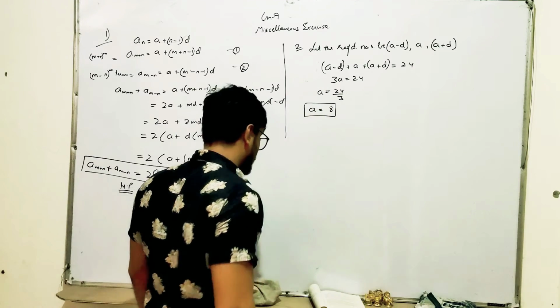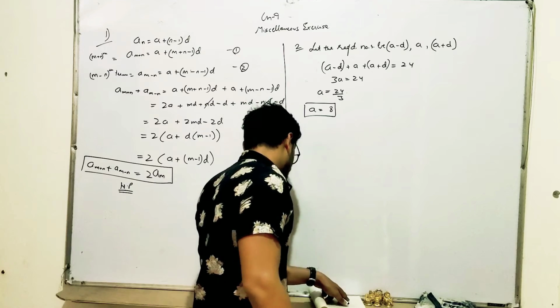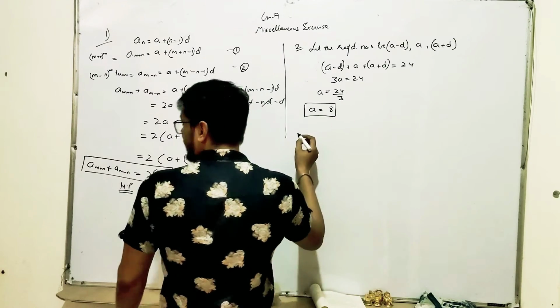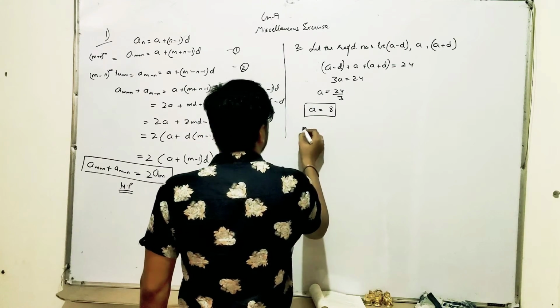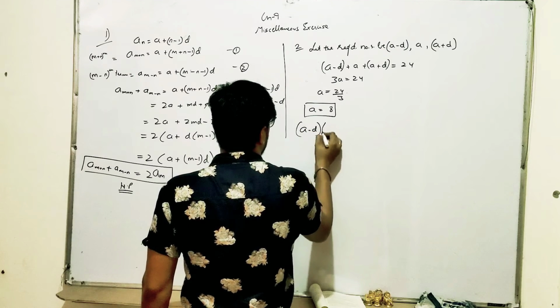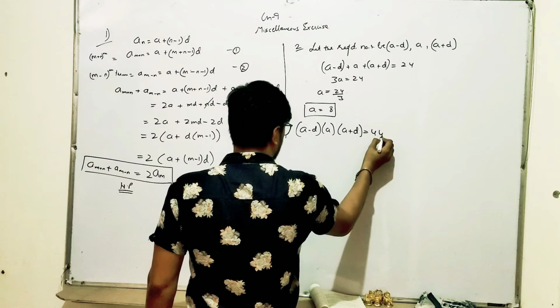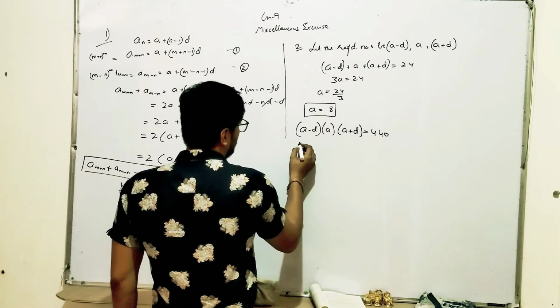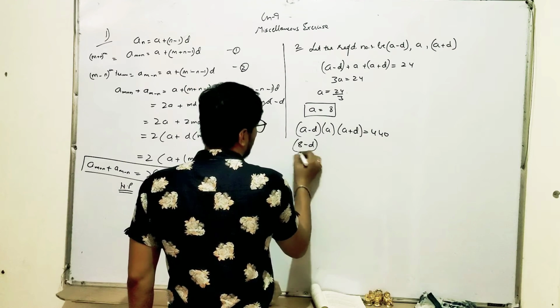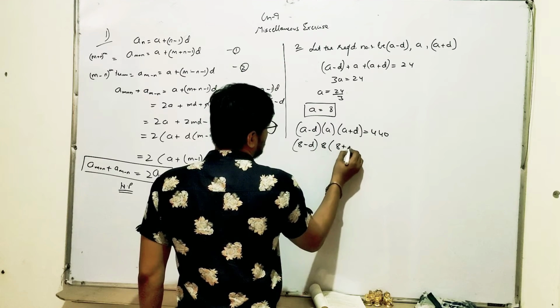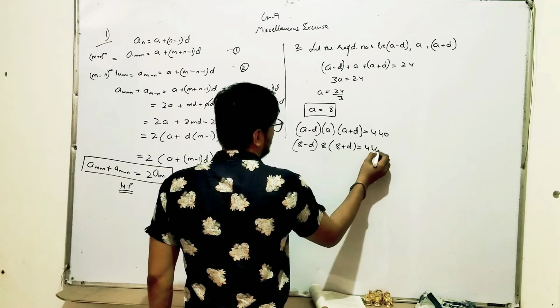So if a is 8, next is the product is 440. So a minus d, a, a plus d, product is 440. So a value is 8. So 8 minus d, 8 plus d is equal to 440.